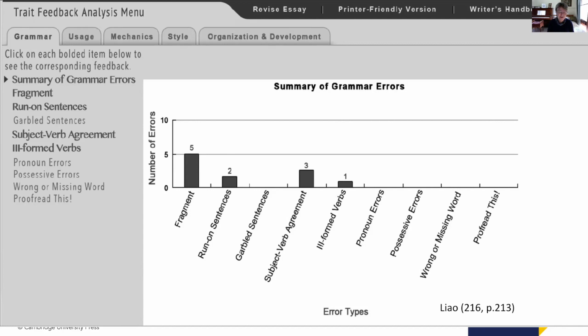Though I do have a bit of a problem with it because sentence fragments, well, they can be useful at times, can't they? Are they always errors? So we have to take this kind of feedback with a grain of salt. And again, we need to get our students really thinking critically about it.